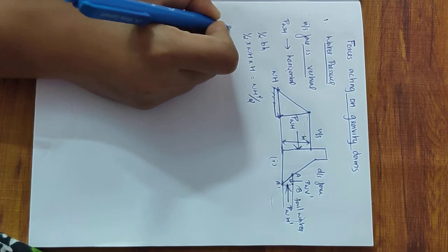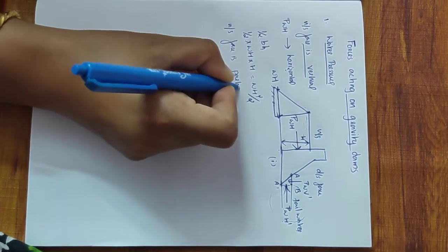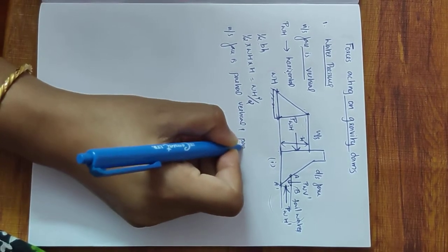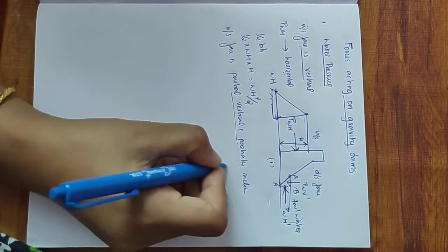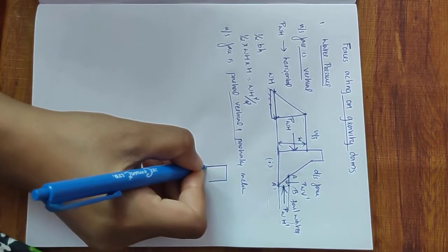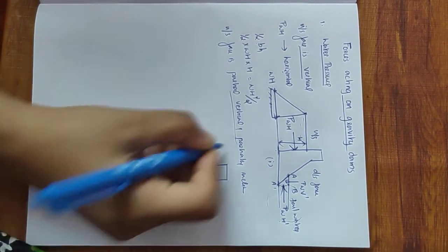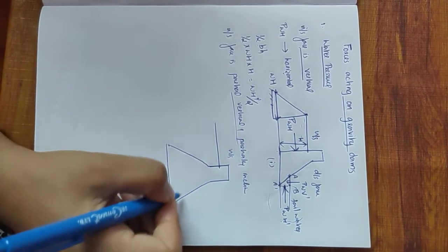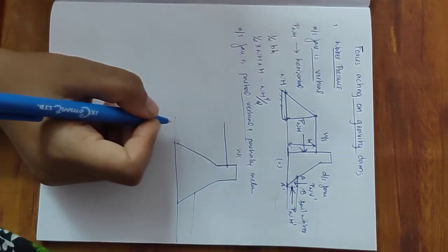The second case, if upstream face is partially vertical and partially inclined, which means this will be the cross section, partially vertical and partially inclined upstream face. If this is the water level, okay.